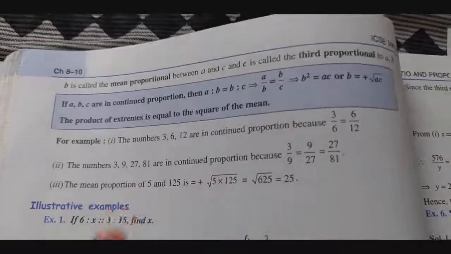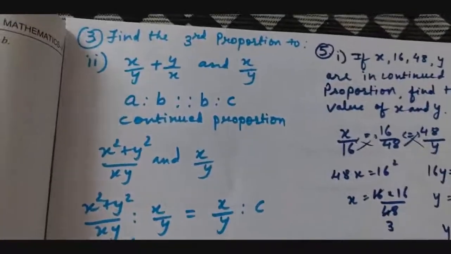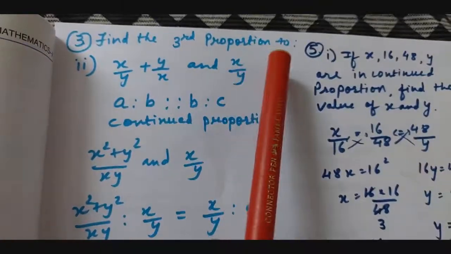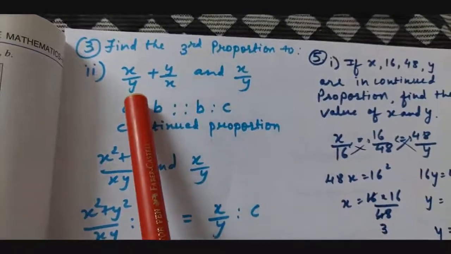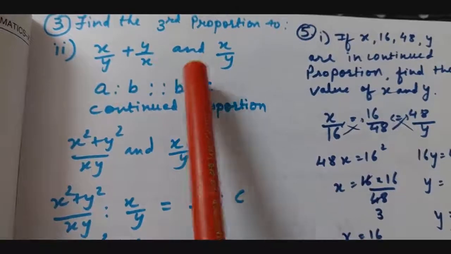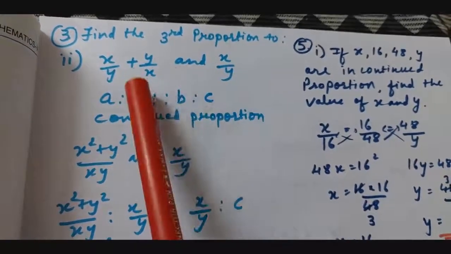Okay, so let us see a few questions in which we will use our proportion theory. Find the third proportion to x by y plus y by x and x by y. Means here we have only two terms.